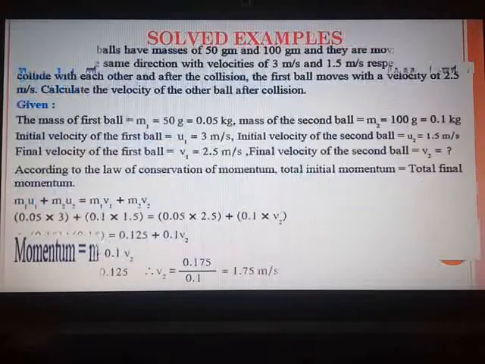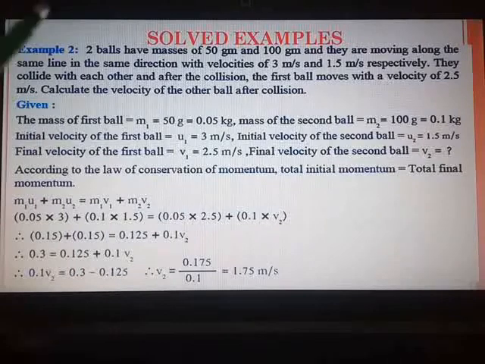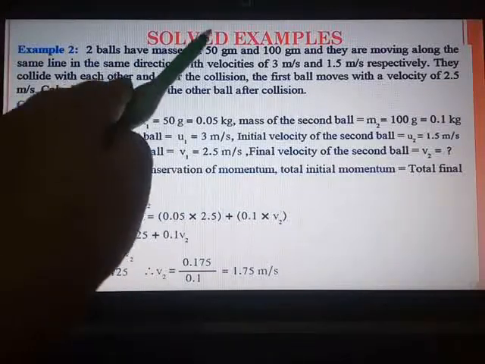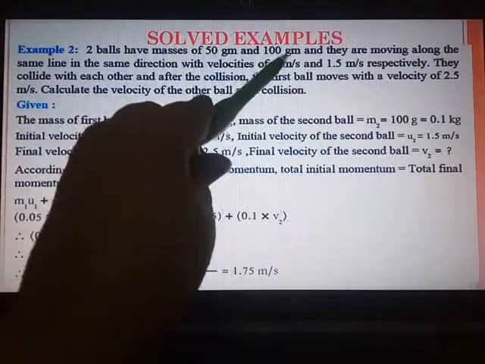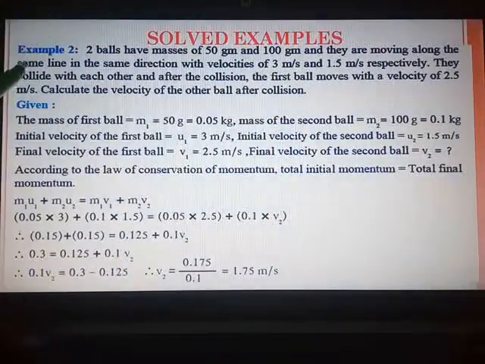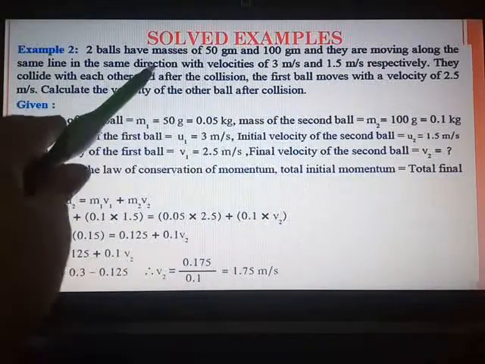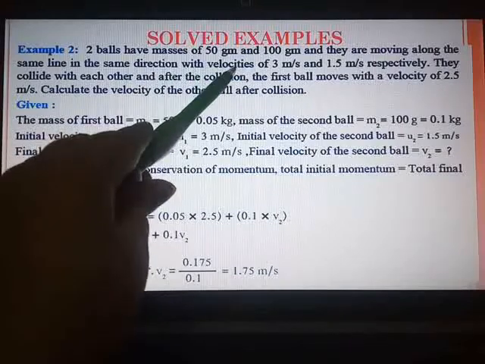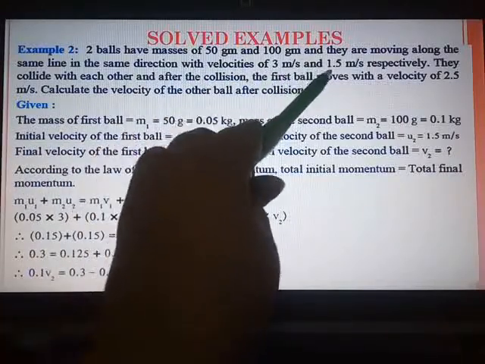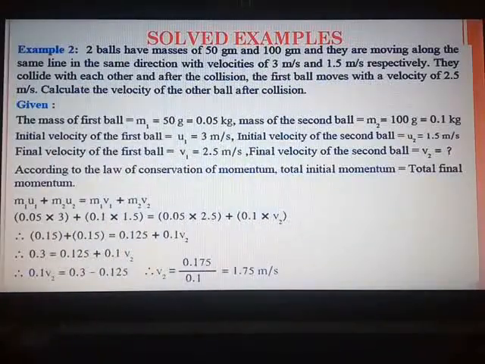Solved example number 2. Two balls have masses of 50 grams and 100 grams and they are moving along the same line in the same direction with velocities of 3 meters per second and 1.5 meters per second respectively.